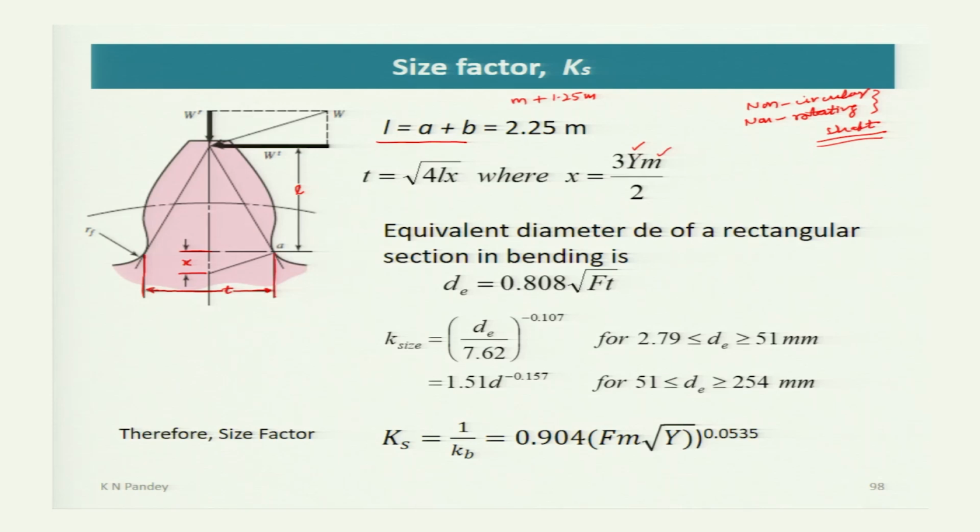So, knowing this, now we can find the equivalent diameter DE of the rectangular section in bending.